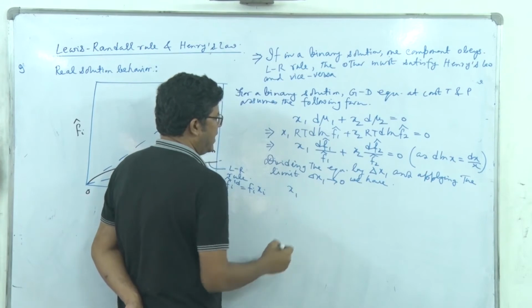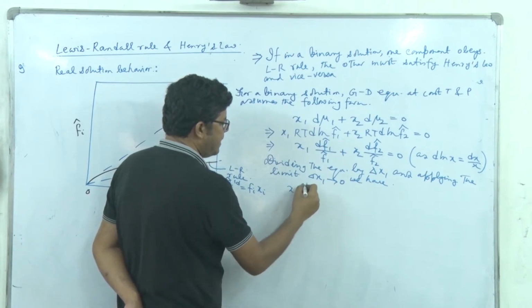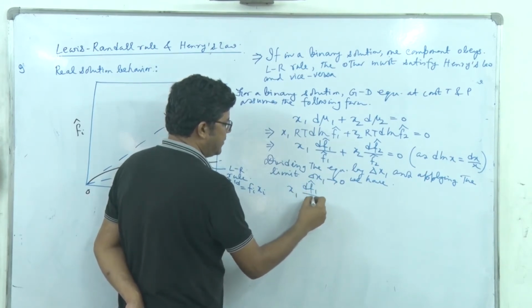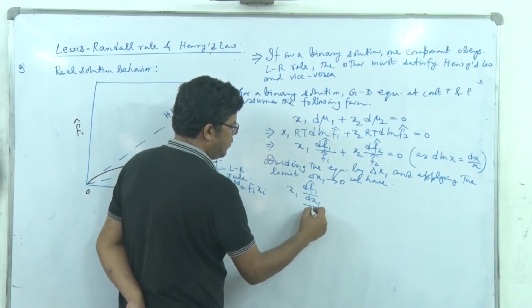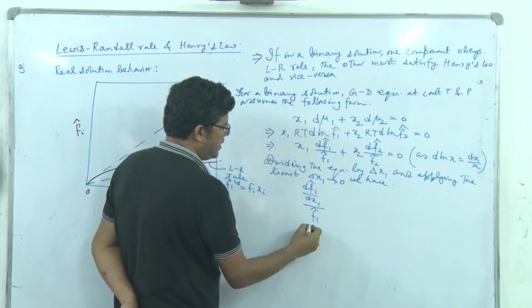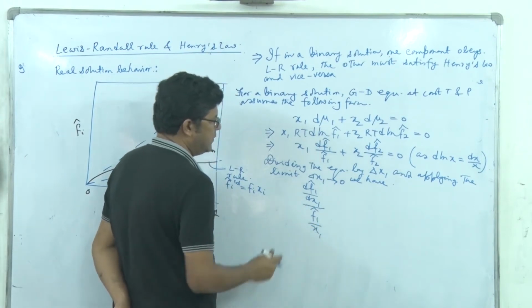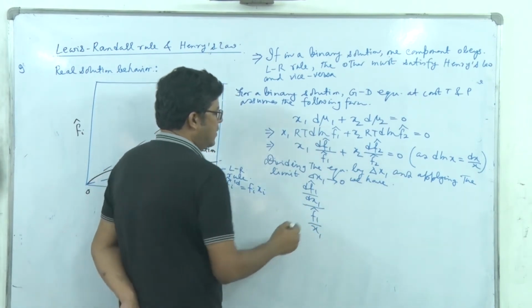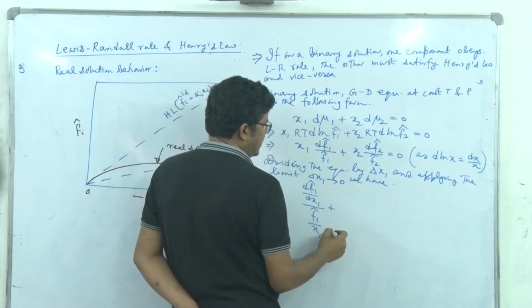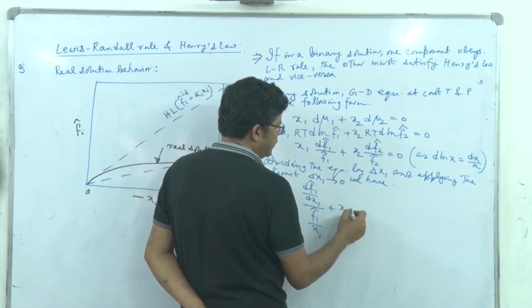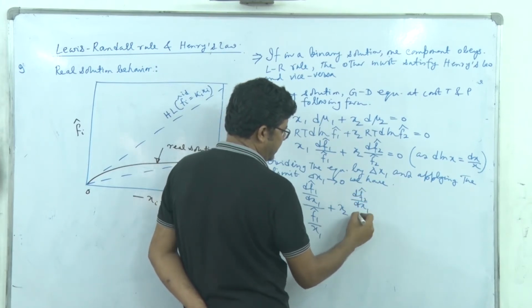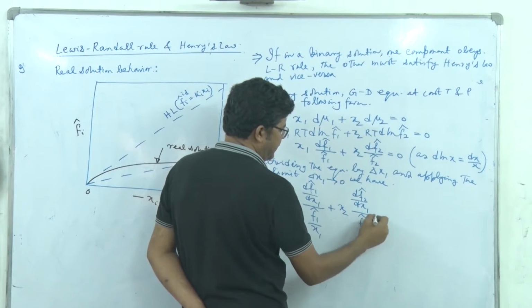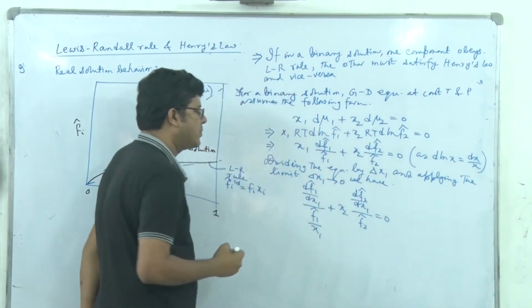We will have x1 into df1 cap dx1, right, by f1 cap, and x1 if I shift here, it will assume a form like this, plus this x2 df2 cap dx1 by f2 cap is equal to 0.